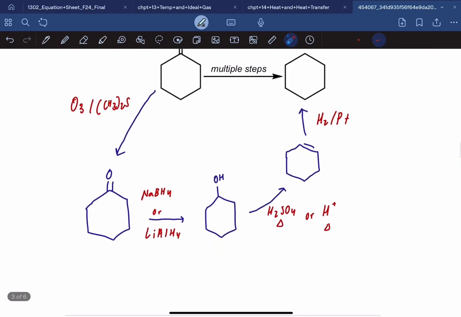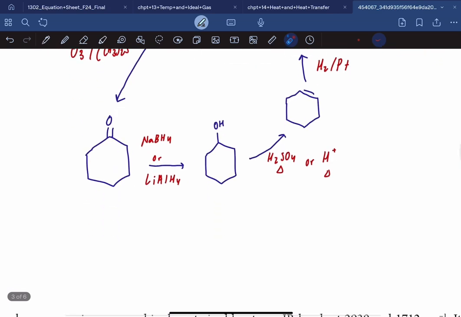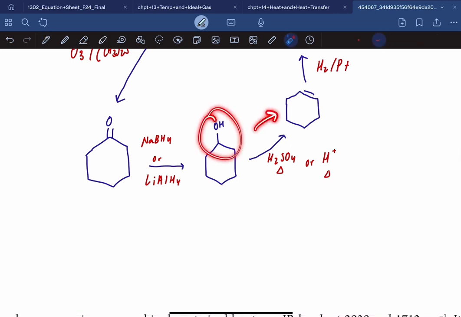You might be tempted to do bromine. So maybe if you're confused about making the alcohol into the alkene, you could have done a different route, let's do it in orange. You could have still made this into this, right?